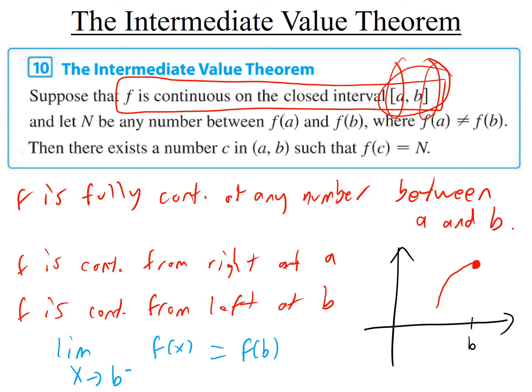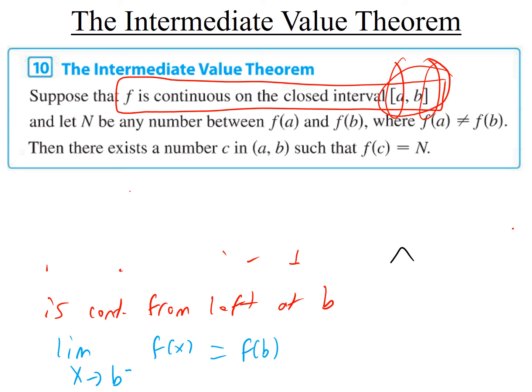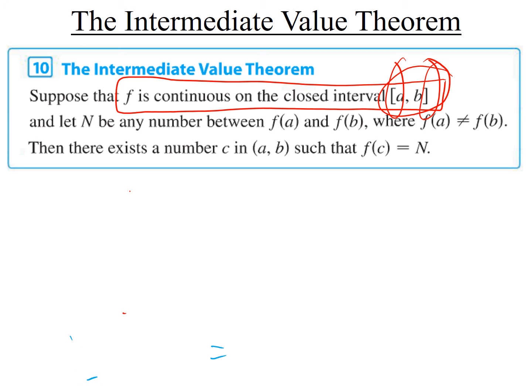So we'll go ahead and draw an example here of what such a graph would look like. I want you to imagine graphs that start at a and end at b. So it has endpoints. And it's going to be fully continuous between a and b, continuous from the right at a, continuous from the left at b. It basically means you can draw the graph the entire time without taking your pen off the paper.